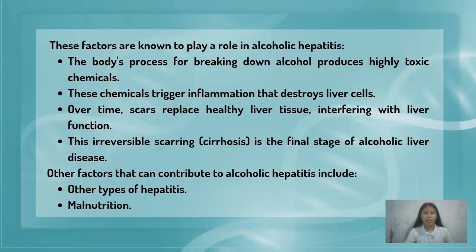If you have hepatitis C and also drink even moderately, you're more likely to develop cirrhosis than if you don't drink. Next, malnutrition. Many people who drink heavily are malnourished because they eat poorly or because alcohol and its byproducts prevent the body from properly absorbing nutrients. Lack of nutrients contributes to liver cell damage.